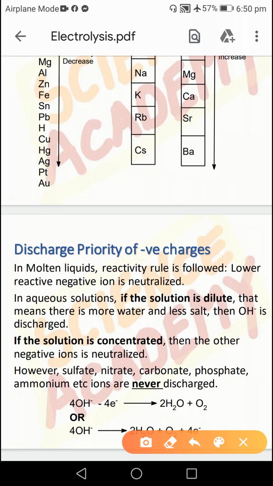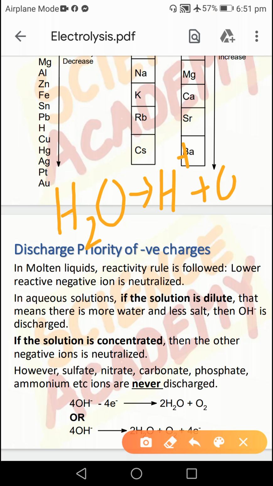In an aqueous solution, just remember that when you are dissolving anything in water, the water molecule breaks down into hydrogen and hydroxide ions, as well as the salt that you are dissolving also breaks down into respective ions.